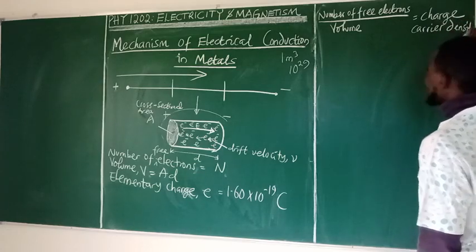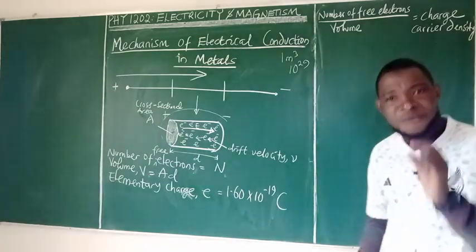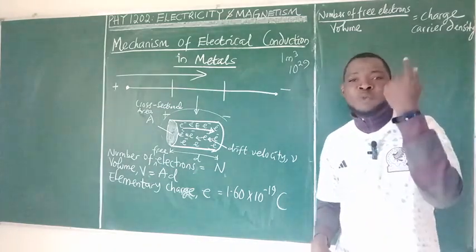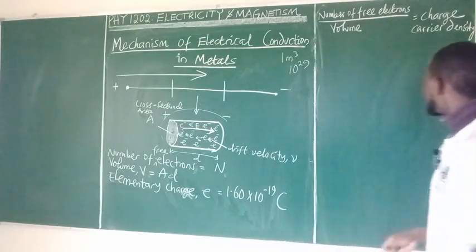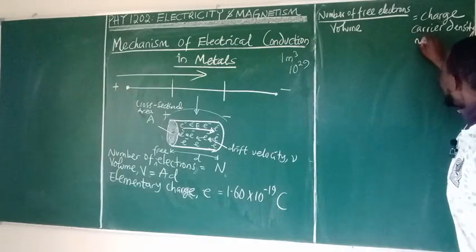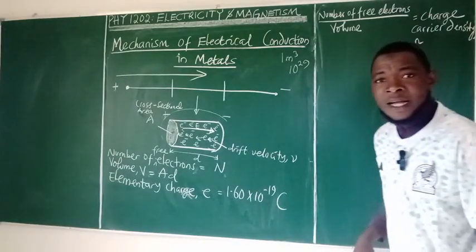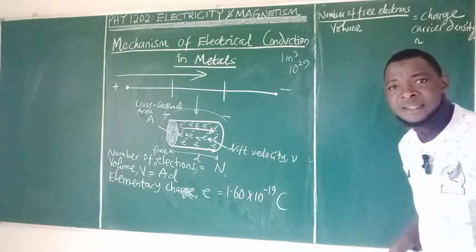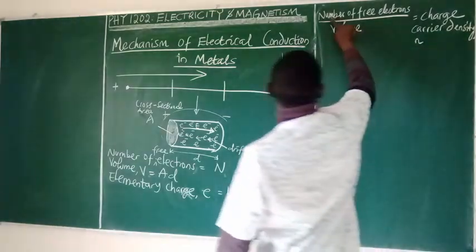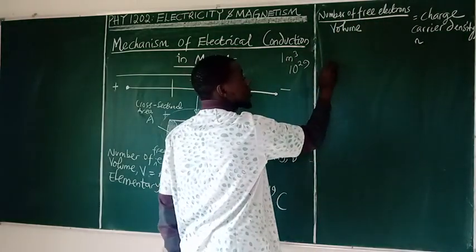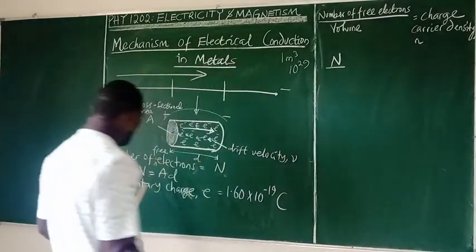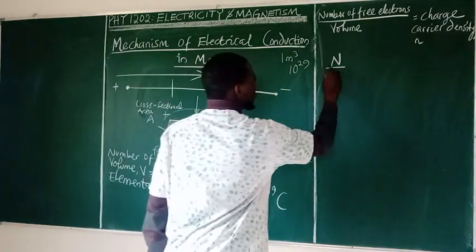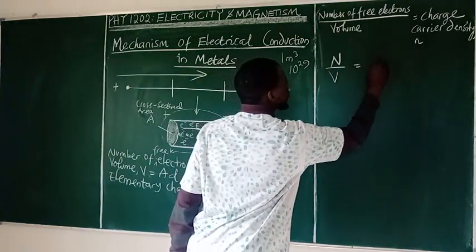The charge carrier density is the number of free electrons you have in 1 meter cube volume of the material, and is denoted by small letter n. So the number of free electrons, capital N, divided by the volume V, is equal to n.